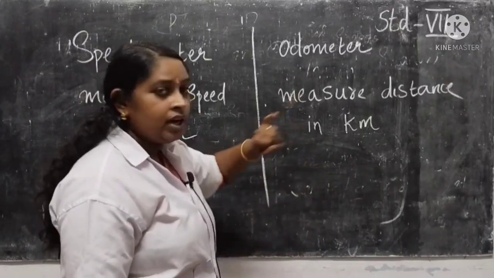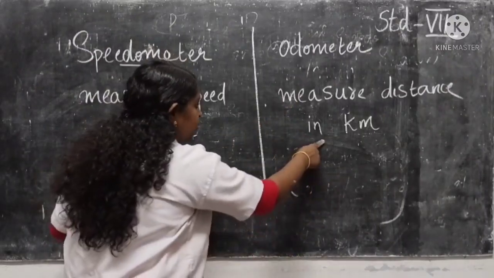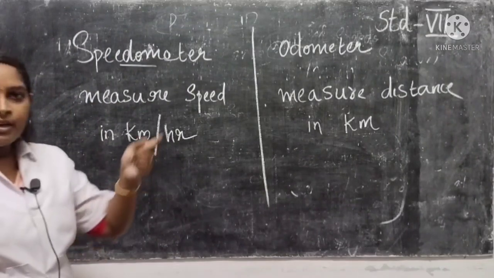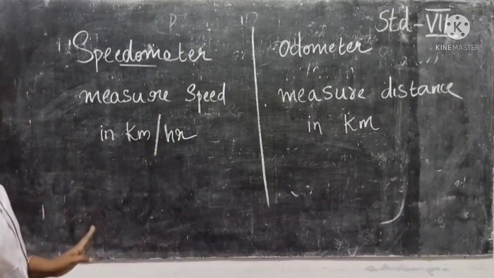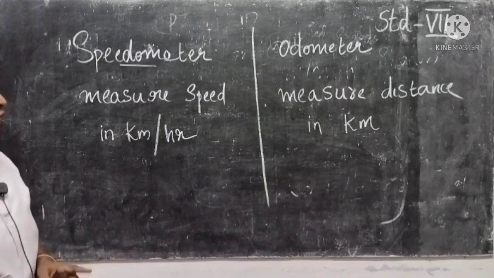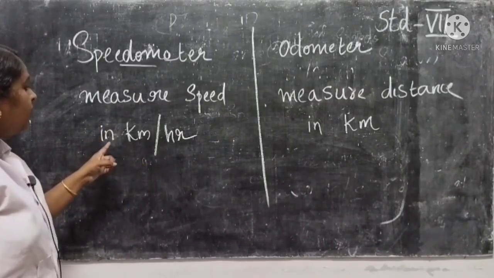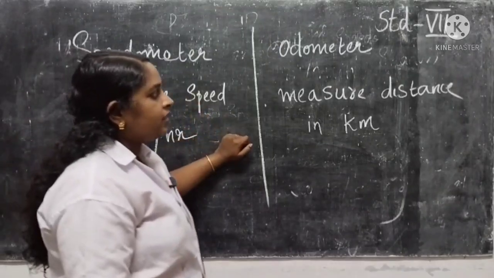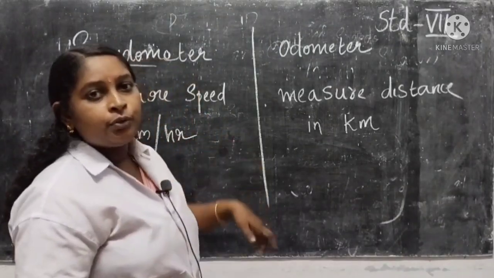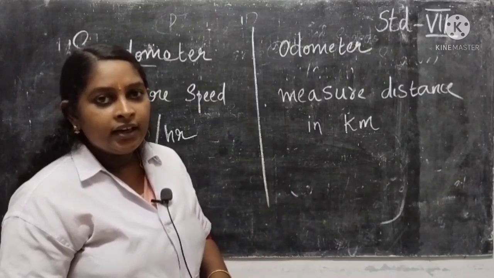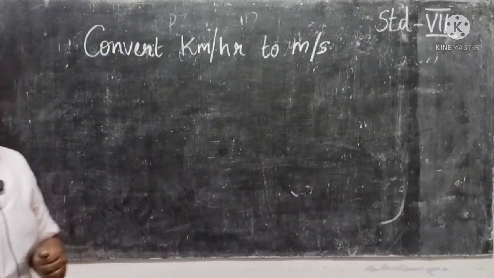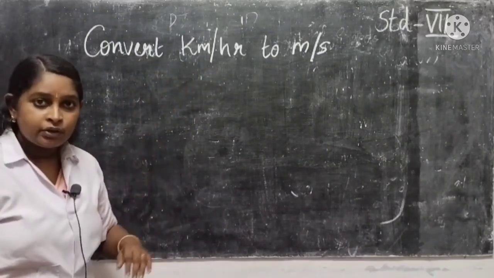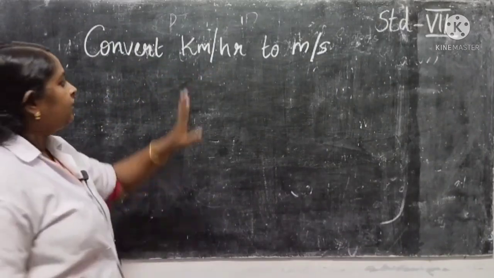It is measured in kilometer. So, what is the difference between speedometer and odometer? Speedometer is a device used to measure speed in kilometer per hour and odometer is a device used to measure distance in kilometer.